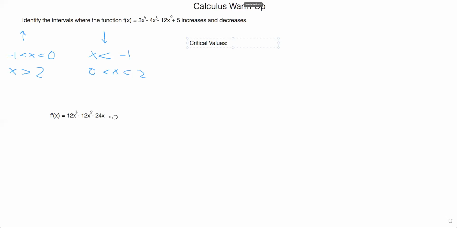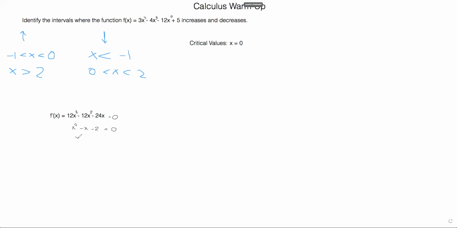Cool. So our critical values, so far we only have one. We have x is 0. So let's see if we can find any others. I'm going to divide all of our terms by 12x. And we get x squared minus x minus 2 equals 0. Now, something like this is easily factorable.